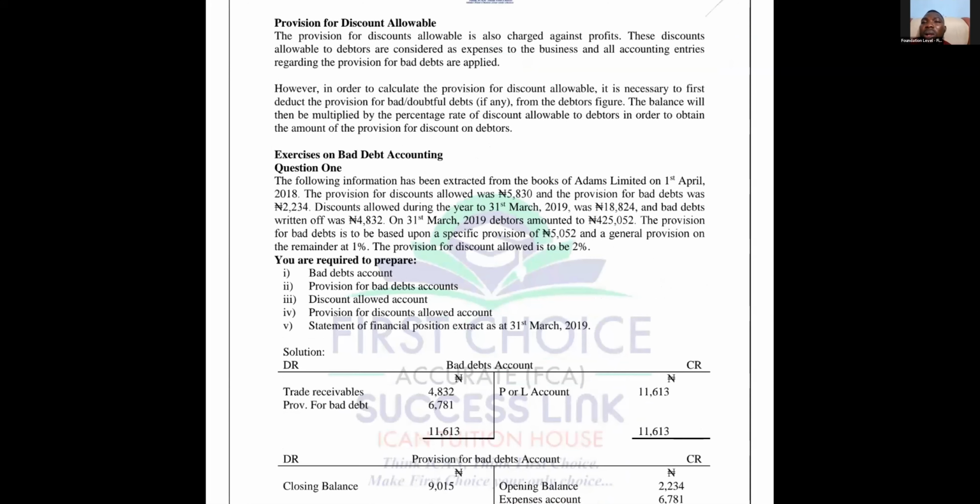So we have year one, question one. It says that the following information has been extracted from the books of Adams Limited on 1st April 2018.